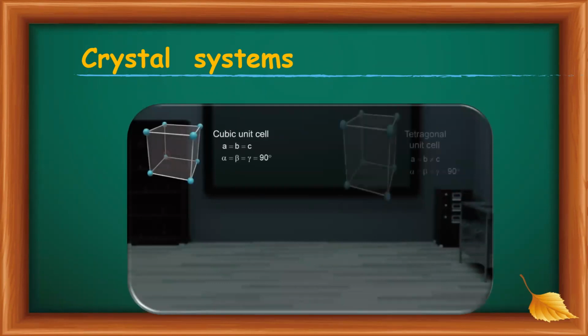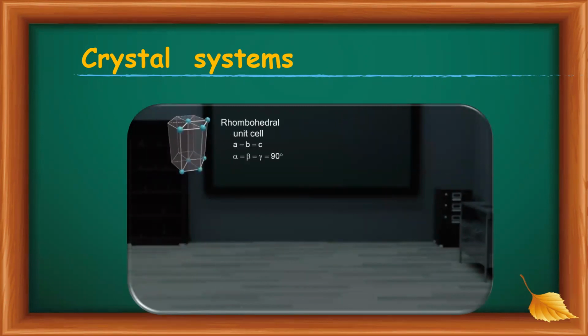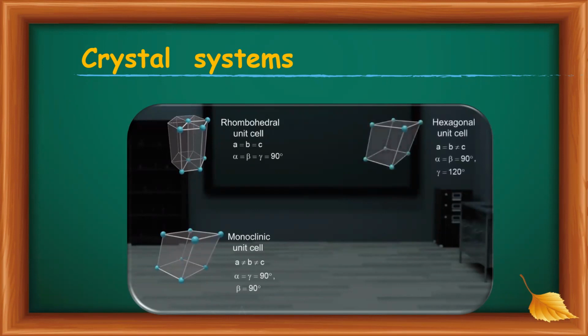Cubic unit cell, tetragonal unit cell, orthorhombic unit cell, rhombohedral unit cell, monoclinic unit cell, hexagonal unit cell, and triclinic unit cell.